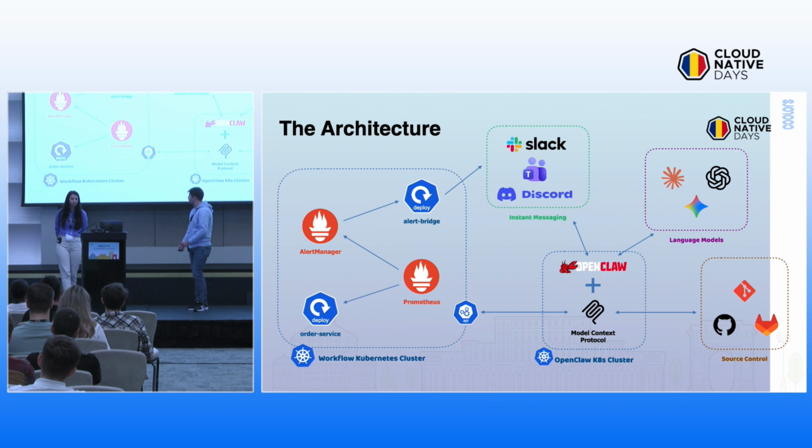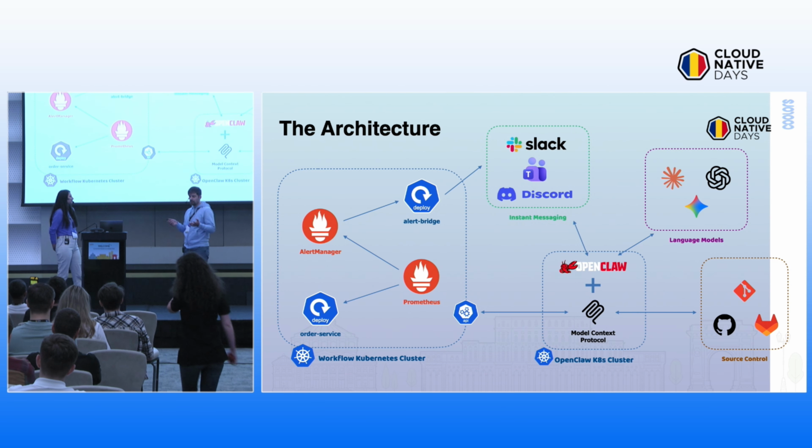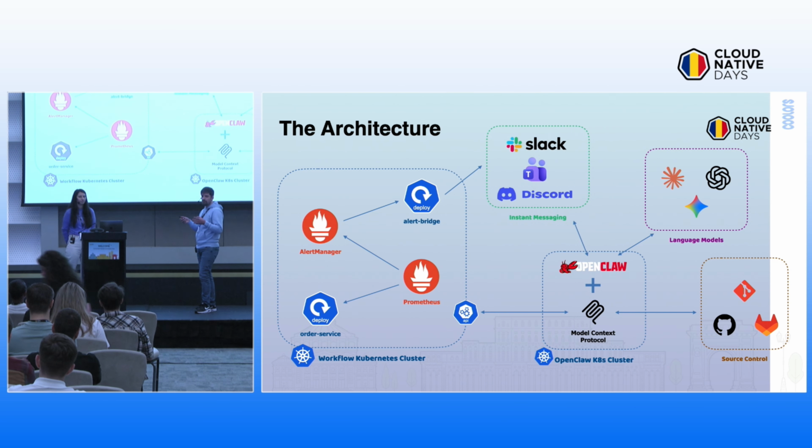Yeah, so we have our ordering service running on our workload Kubernetes cluster here. What we want to come up with is an SRE bot that would help us monitor and troubleshoot this service. We have the tried and trusted Prometheus and Alert Manager.